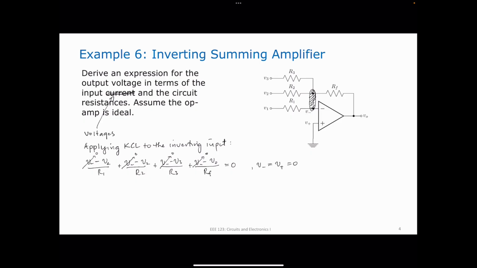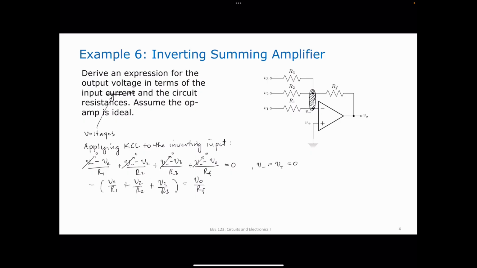Okay, so what do we get? I'm going to get negative (V1 over R1 plus V2 over R2 plus V3 over R3) is equal to VO over RF.